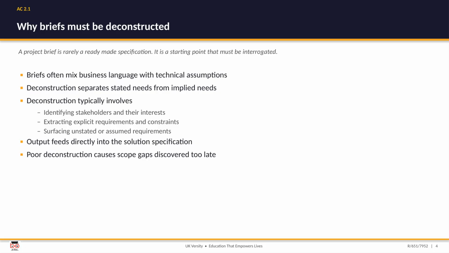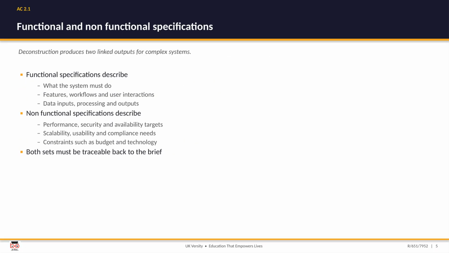When you deconstruct a brief for a complex system, it produces two linked kinds of specification. Functional specifications describe what the system must actually do, its features, its workflows, the way users interact with it, and how data flows in, gets processed, and comes back out.